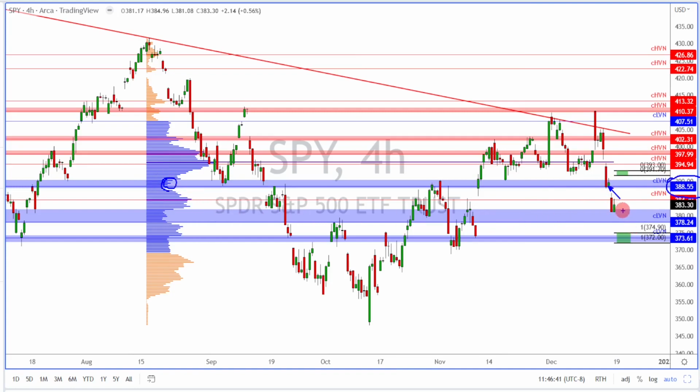And for the downside, I'll be watching this 378.24, and that is the lower edge of this low volume zone, and basically the upper edge of this balance area. So if it dips below this 378.24, then I expect it to come down and retrace this balance area and into the lower range of the expected move.